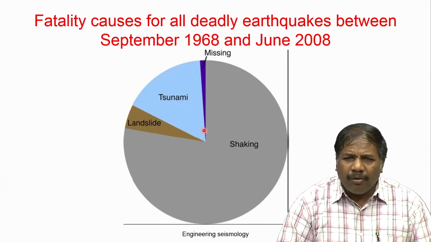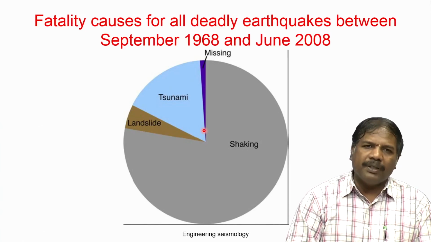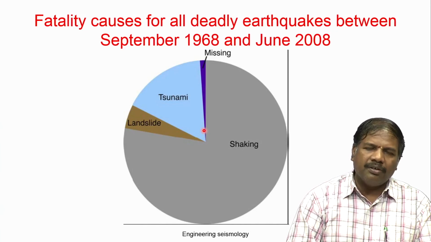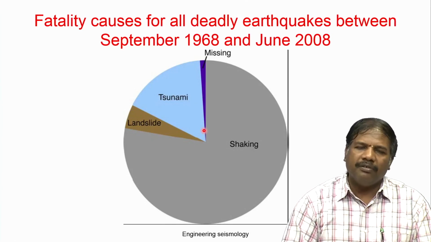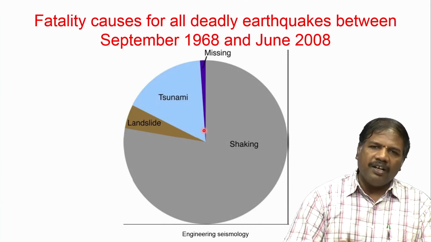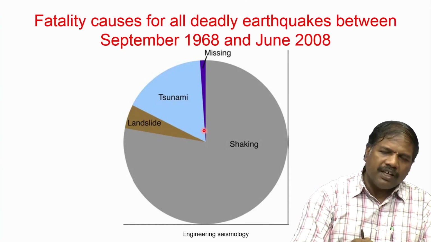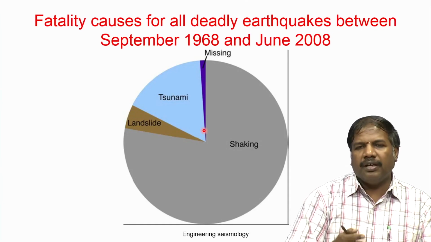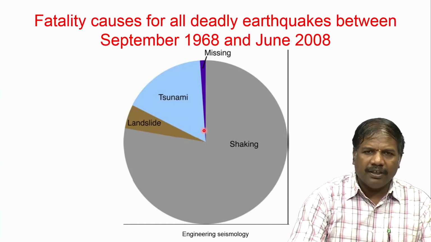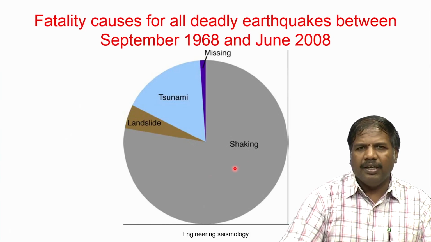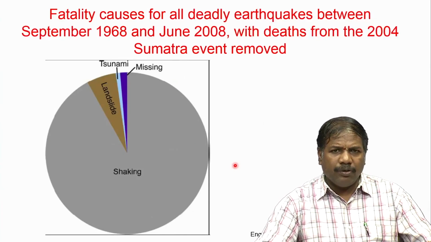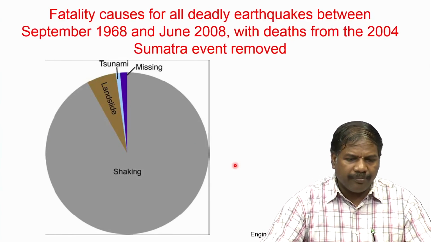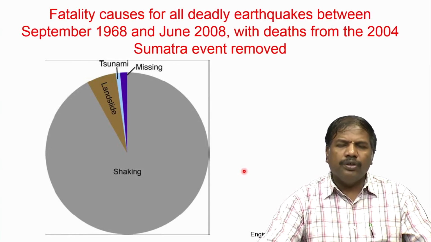You can see that more than 75% of the hazard has been caused by ground shaking, which may be direct waves, modified waves, or waves causing liquefaction, all of which can be clubbed in that. You can see about 70% is shaking. This includes the 2004 tsunami event.